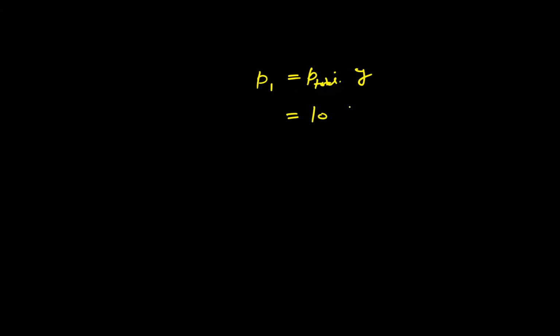But remember KH is given in mm of Hg, so you will write 10 into 760 mm of Hg. This is the P total. And Y will be 20%, so it will be 0.2. 20% means 20 divided by 100.